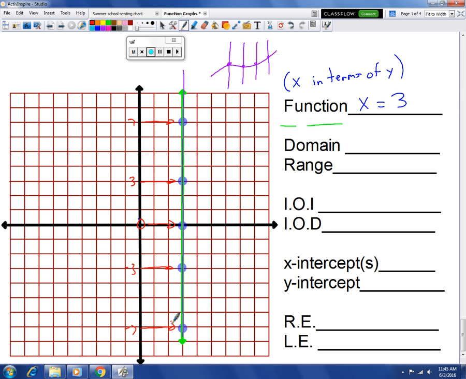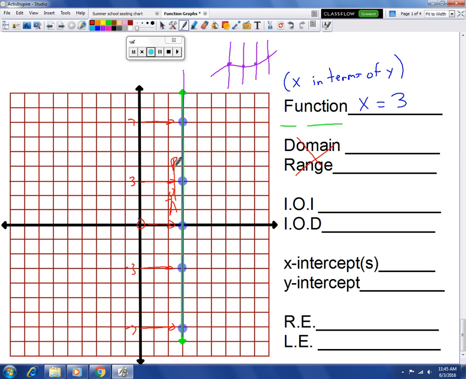So I don't even describe a domain and range for this one, because it's not really a typical function like we think of. Interval of increase, interval of decrease? Not really. It's a vertical line. It's a vertical wall. We don't say it has an interval of increase or decrease when it's straight up and down.